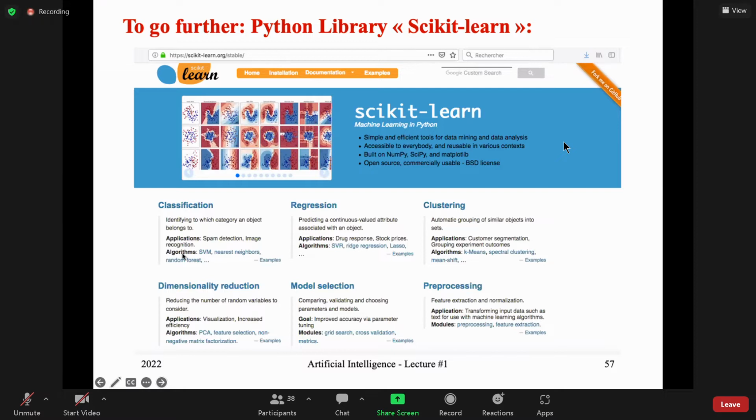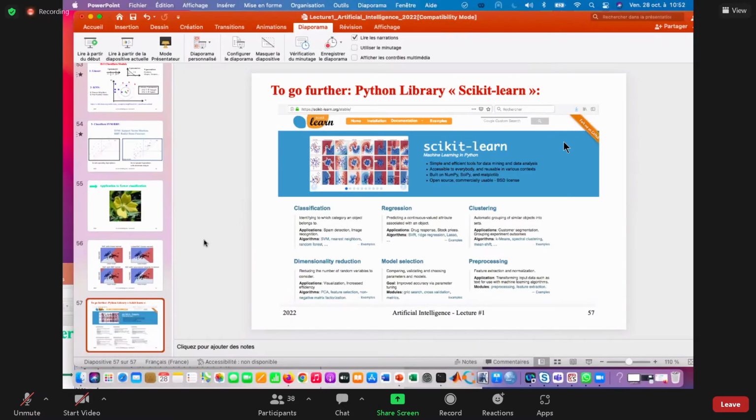That is what I explained here. We can find the SVM, as I explained here. We can also have the k nearest neighbors, as an example I explained here. If I use scikit-learn here, we can find that.